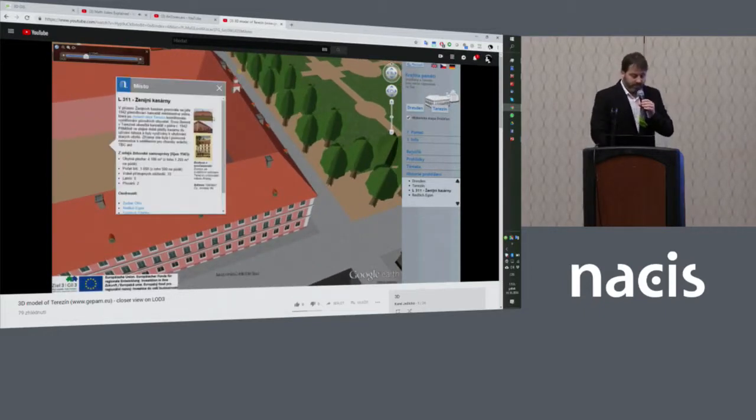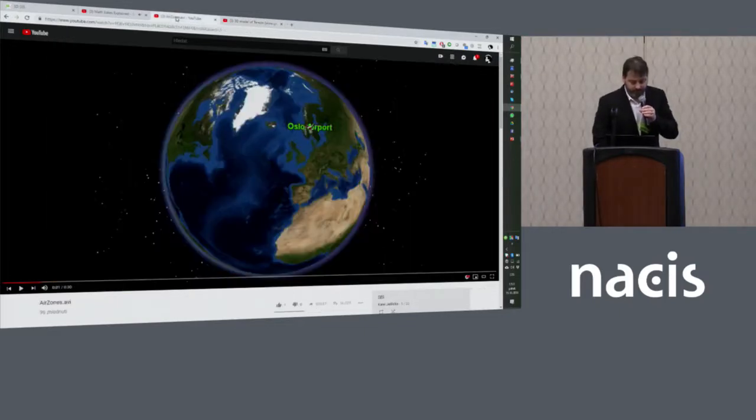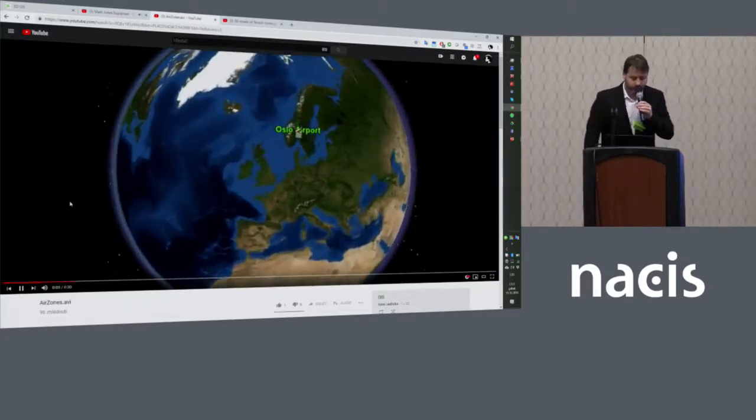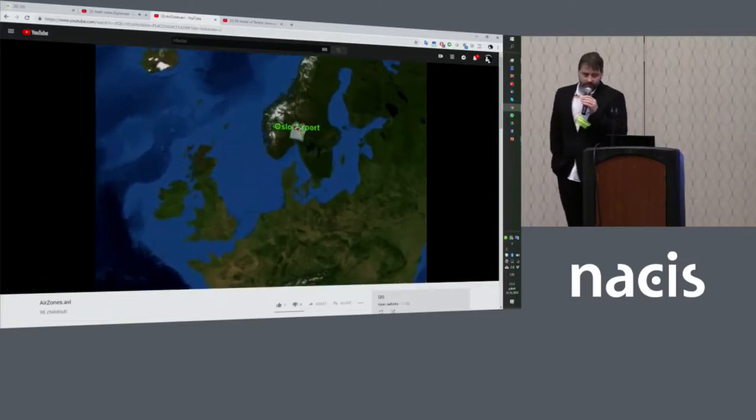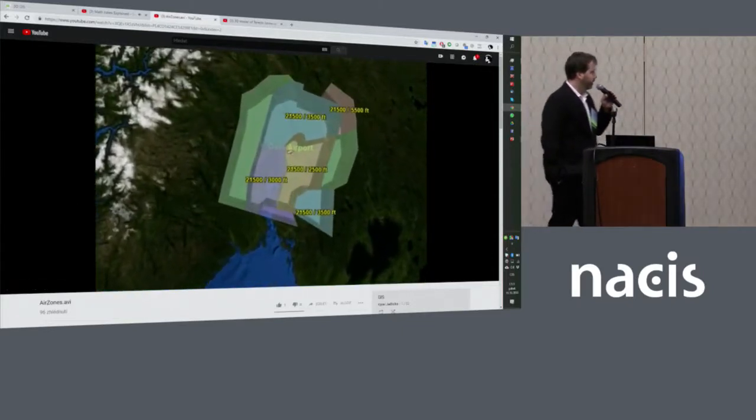Talking about a more analytical phenomenon, there's another example about approach zones to Oslo airport. We prepared it for the Carter company, who work for the Norwegian Army.